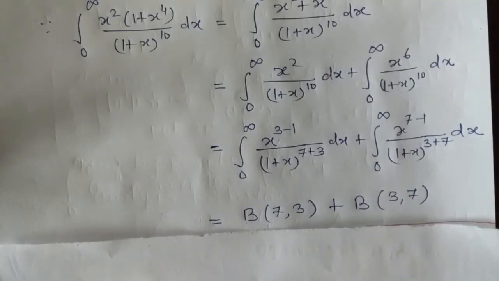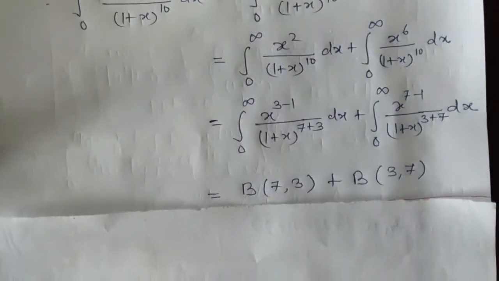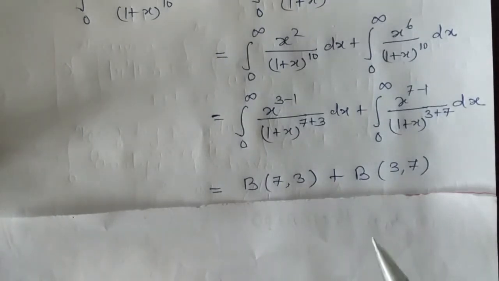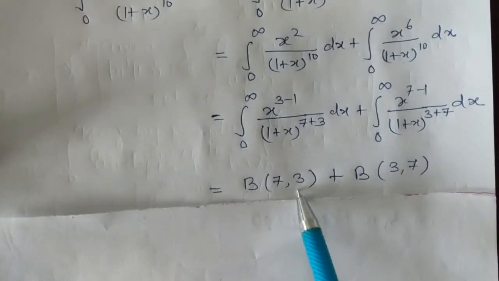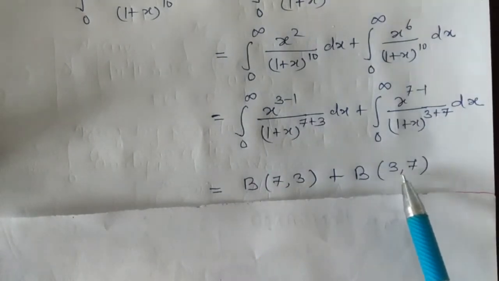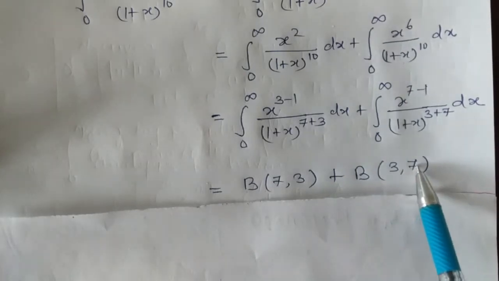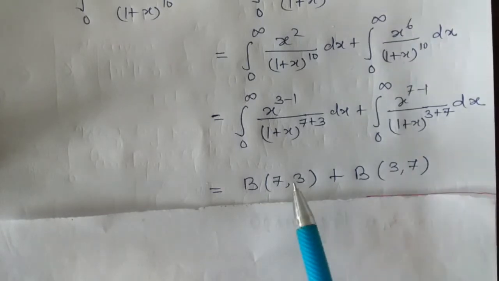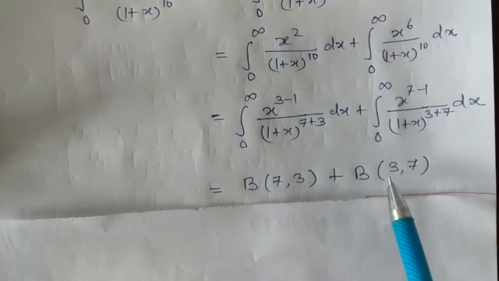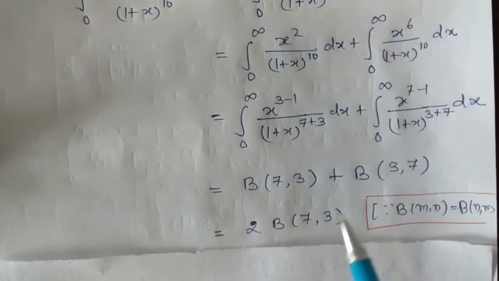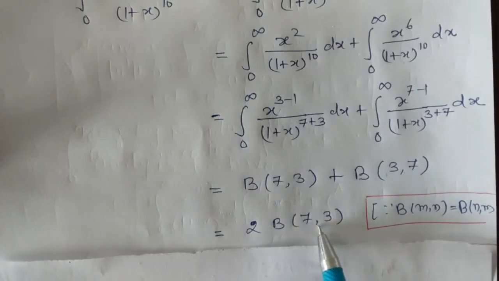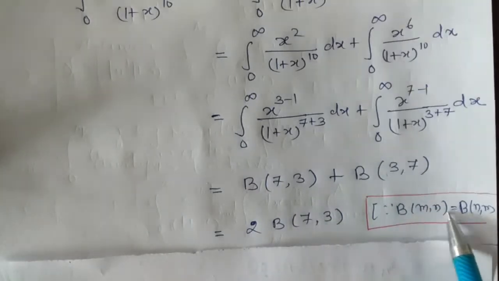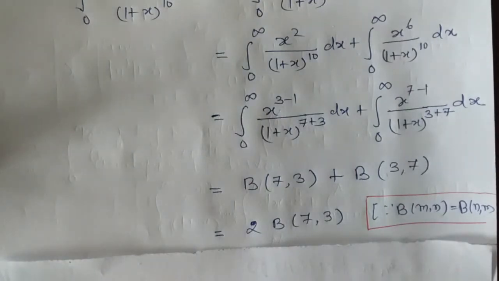Now as we know, beta(m, n) is equal to beta(n, m), so beta(7, 3) is equal to beta(3, 7). So we write beta(3, 7) as beta(7, 3), and beta(7, 3) plus beta(7, 3) becomes 2 times beta(7, 3).